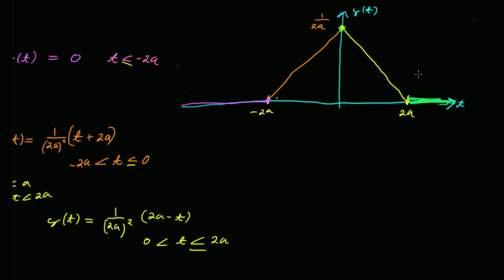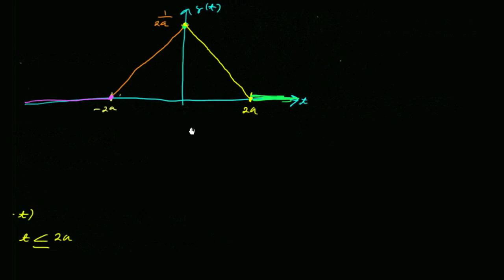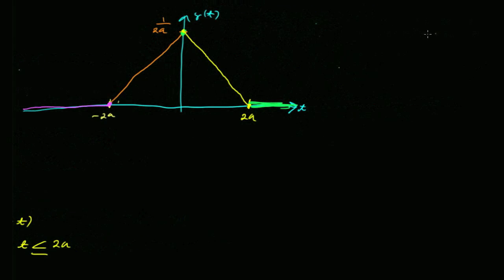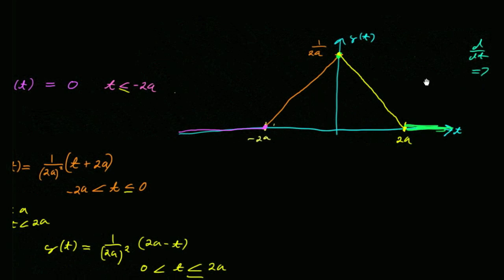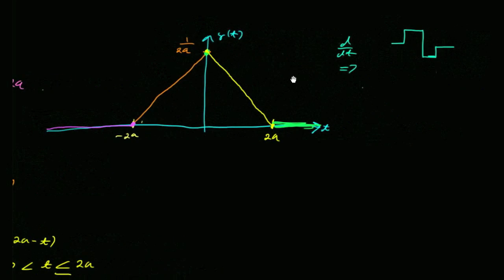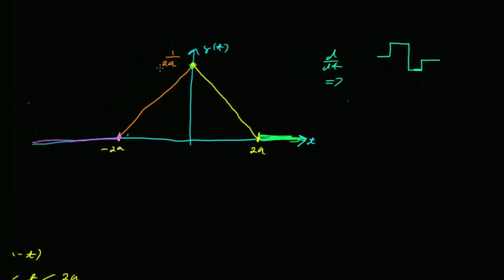Yeah, using the derivative property. So if you use the derivative property, that's the derivative. What's this number here? What's that slope? Actually, maybe it is 1 over 2a squared. It's a rise of 1 over 2a divided by a run of 2a. So this is 1 over 2a squared, and this is negative 1 over 2a squared.